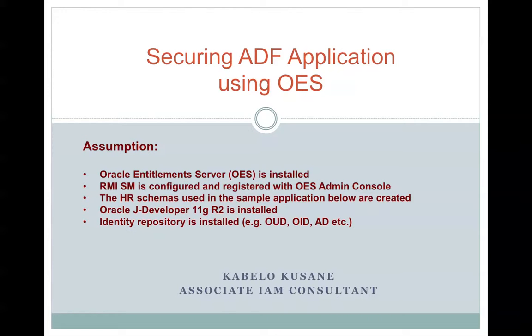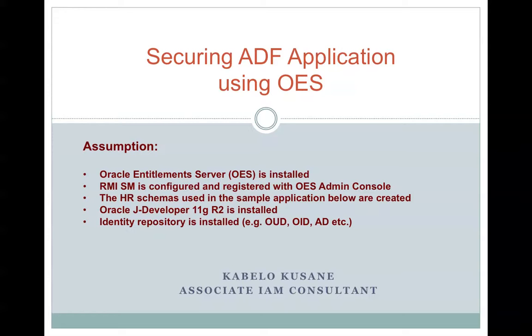For the remainder of this tutorial, it is assumed that you have Oracle Entitlement Server installed. It's assumed that you have RMI SM configured and registered with Oracle Entitlement Server Admin Console. It is assumed that you have all the relevant HR schemas used in the sample application created in an Oracle database instance.